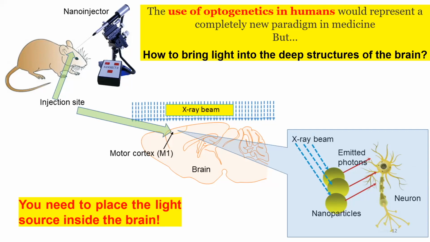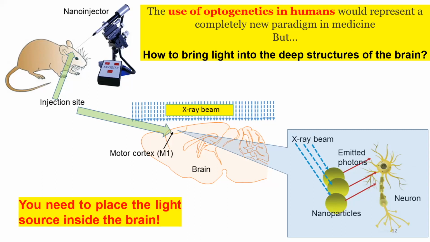We need not only to express light-sensitive peptides somewhere deep in the brain, in selective cells, but also we need to bring a light source to the deep brain structure. It's quite complicated, because it's not a problem if we are working with cortex, which is close to the skull surface, to the head surface.